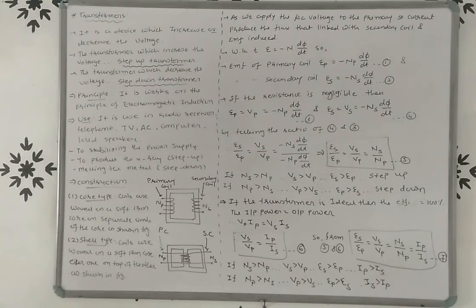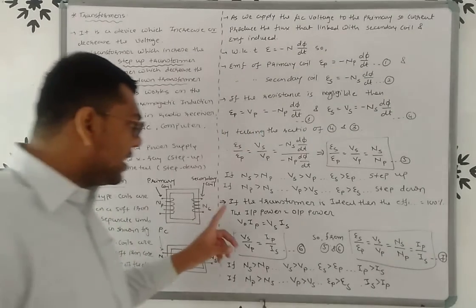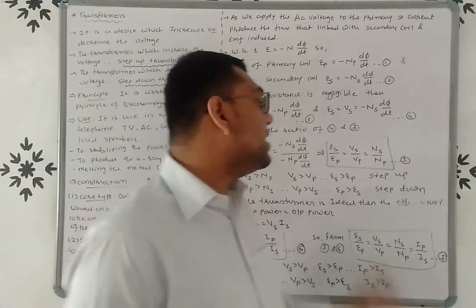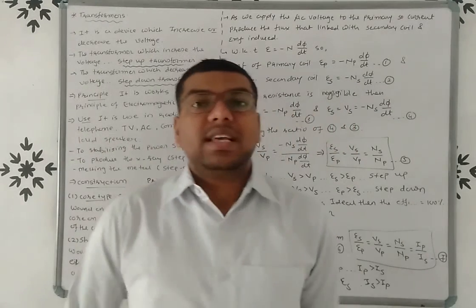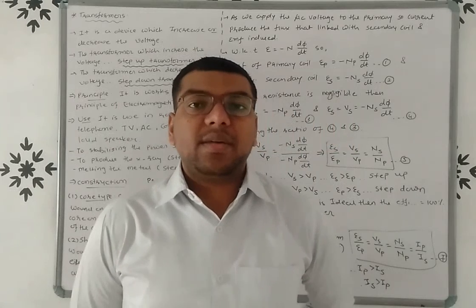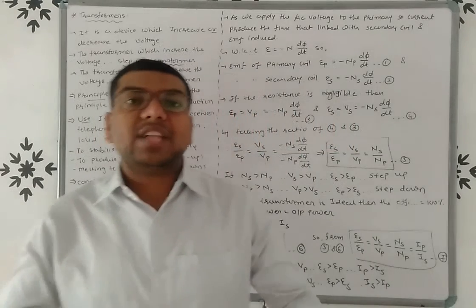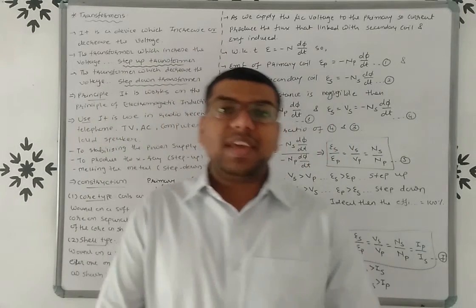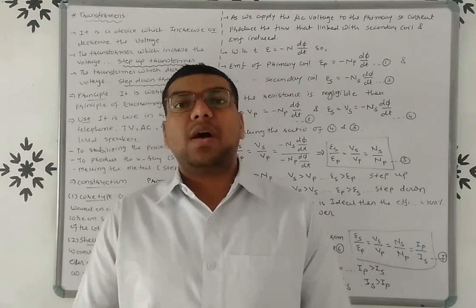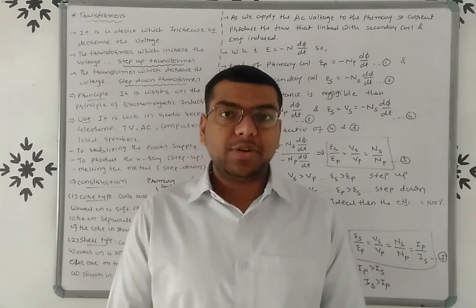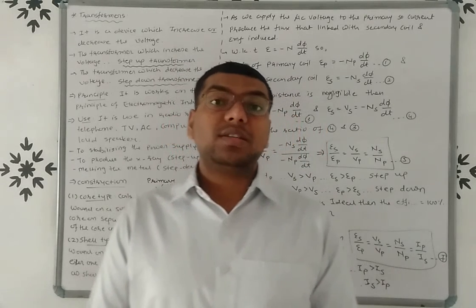Once again friends, I repeat all the losses. Here we consider that if the transformer is ideal, then no losses are there, then we get efficiency 100%. But in actual conditions, we get efficiency up to 95% due to some loss, right?